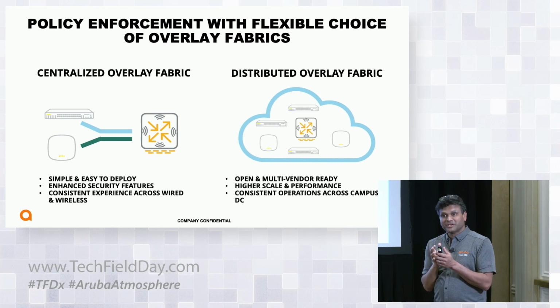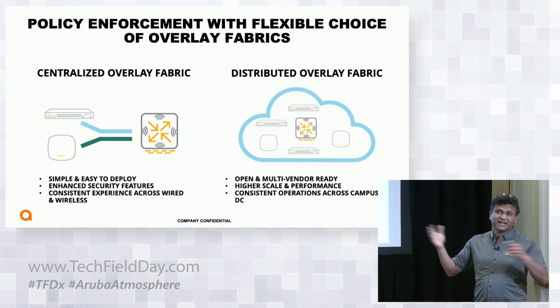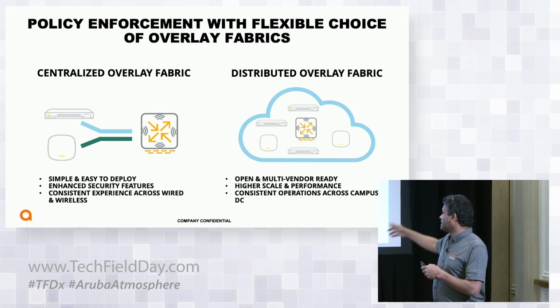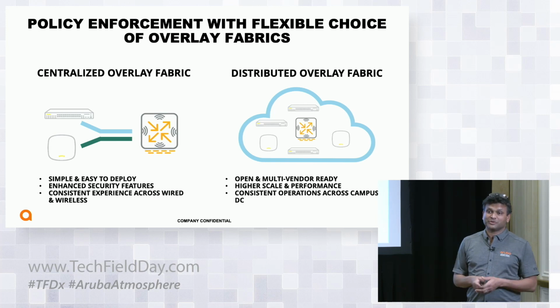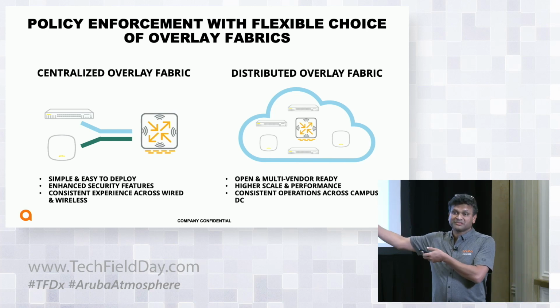If you are a small branch or small office, you can just keep it in a centralized overlay. But if you're a very large campus, running 6,000 switches and 20,000 APs, with multiple controller cluster pairs, we recommend a distributed overlay. If they're looking for simplicity, they can choose the centralized way.